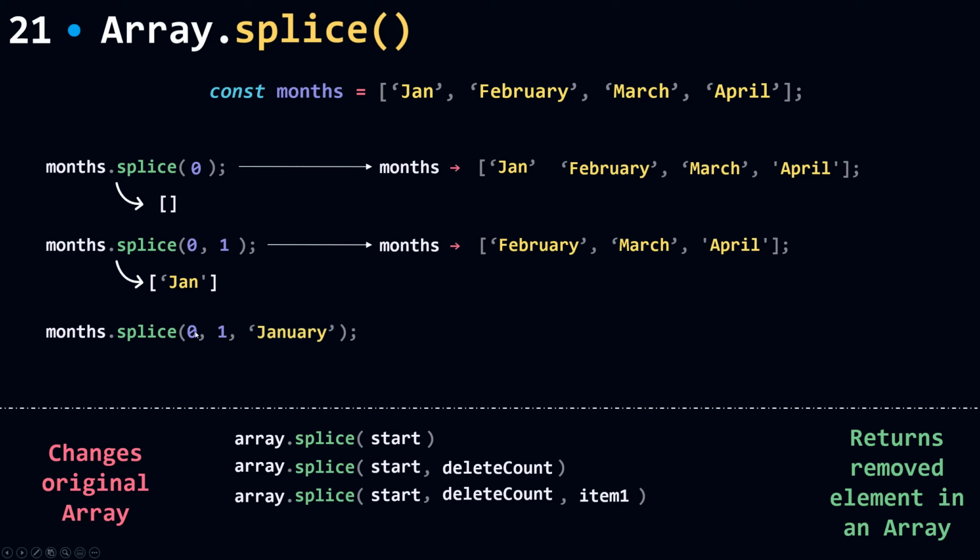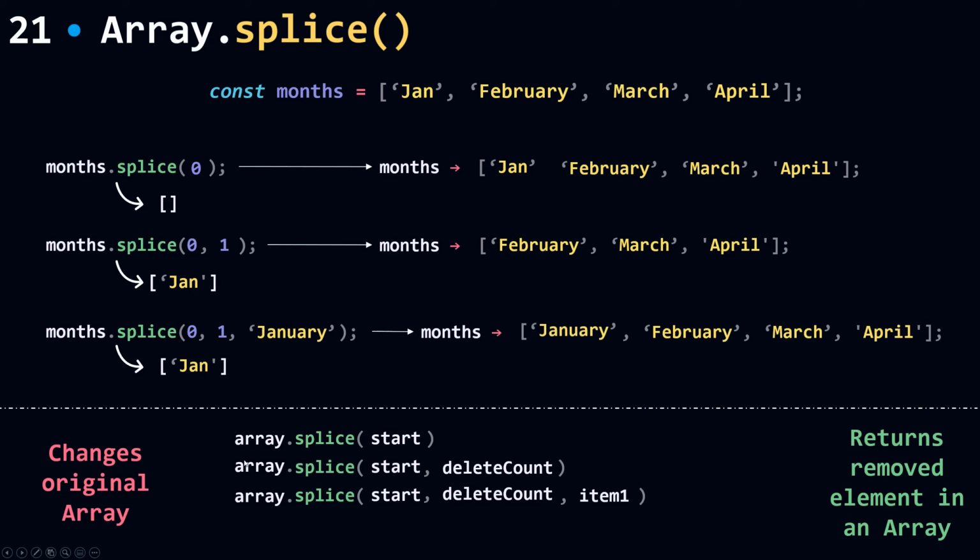So this code will remove the first element, because we go to start, which is 0, and we remove one element. Then this code will return an array with January inside. And because I specified one element, one element is going to be added into that position. And that's how splice works.